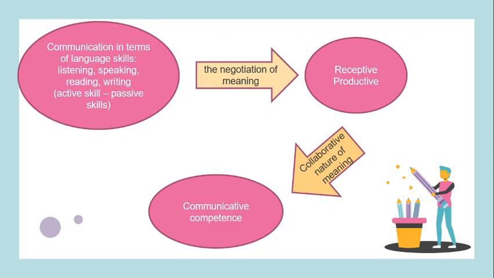Those are four language skills: listening and reading as passive skills, and speaking and writing as active skills. But this categorization of skills does not include the negotiation of meaning. I mean here, when the listener or the reader listens to something or reads something, they have to use their ability in negotiation of meaning.